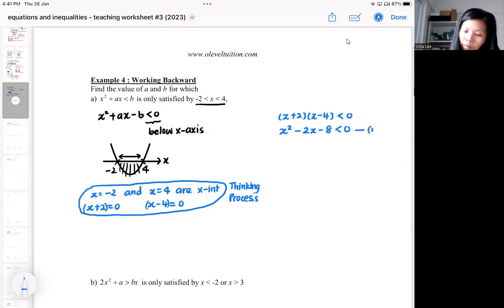This is what you worked out based on your understanding of the x-intercept, and then you compare with the original question. You will realize that A is equal to -2 and B is equal to 8.